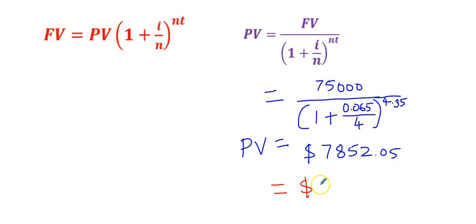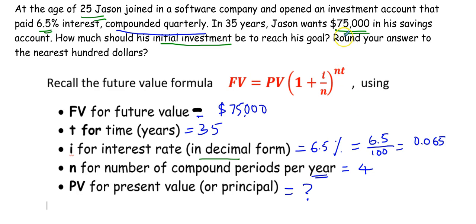This 52 is more than 50, so I can just write down $7,900. So investing $7,900 at the rate of 6.5% compounded quarterly for 35 years will give us $75,000.